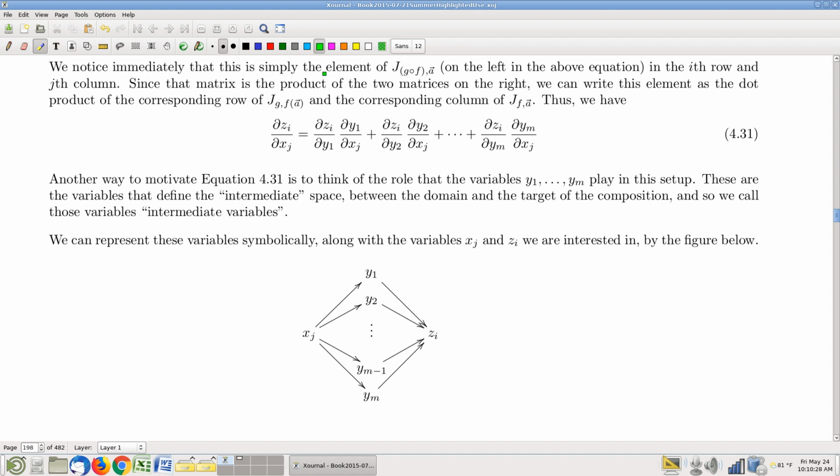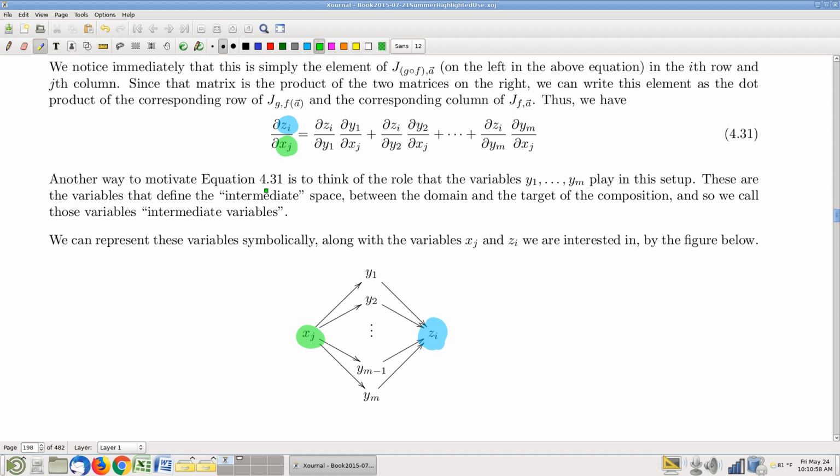Again, if we're interested just in how this one output variable changes as I change this one input variable, if I'm interested in that one partial derivative, I don't really care what the various other z variables are doing. Partials with respect to xj, so all the other x variables are being held constant. This is really the only part of the picture I need to focus on.